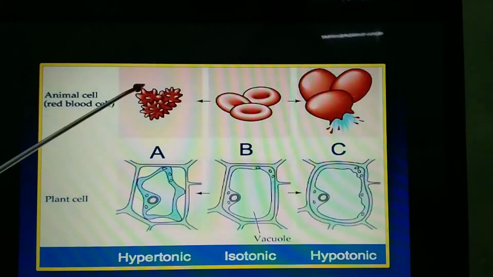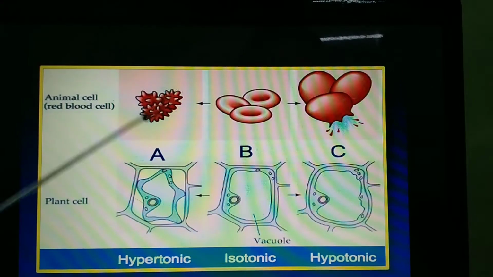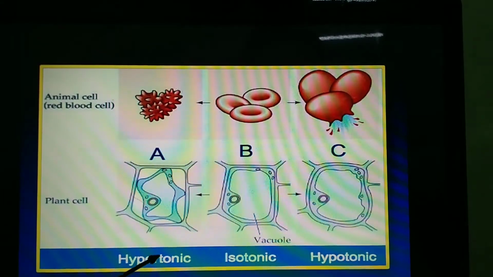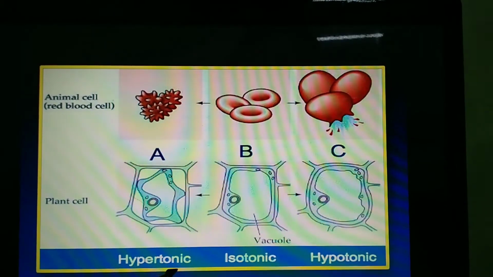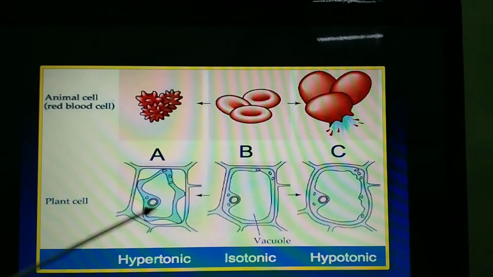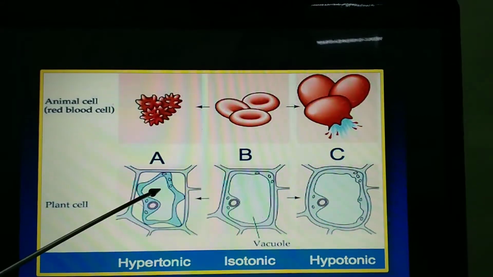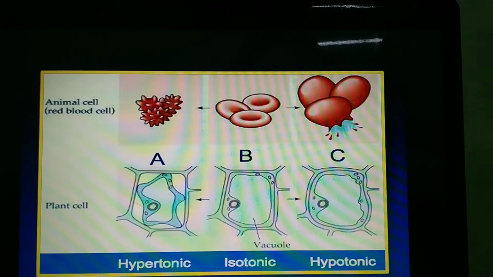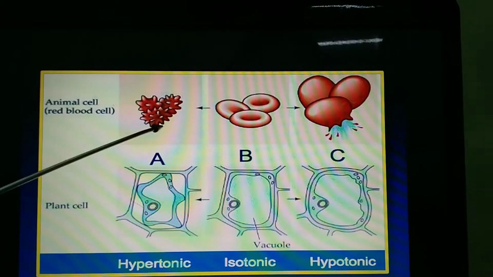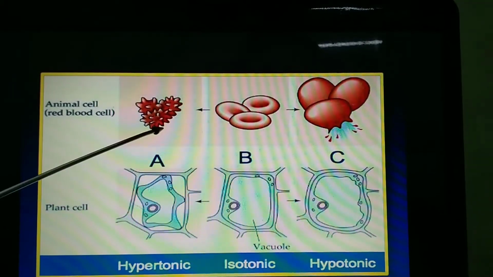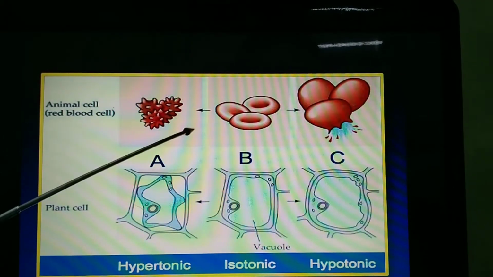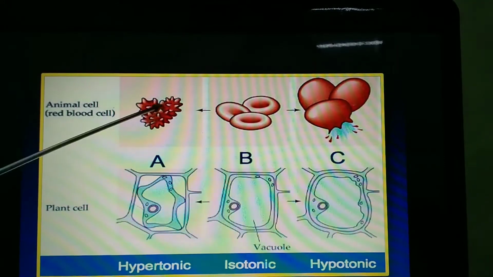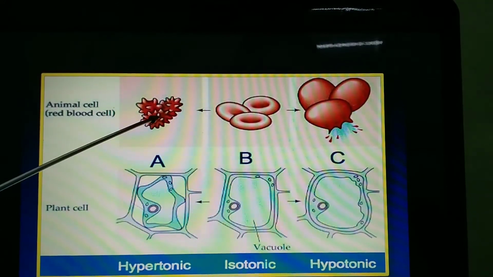When the red blood cell is placed in a hypertonic solution, since the amount of solute is more, it will enter into the RBCs or the red blood cells, leading to the shrinkage of the red blood cells.